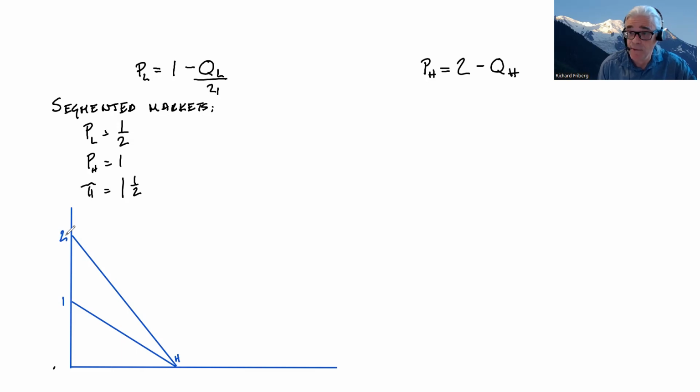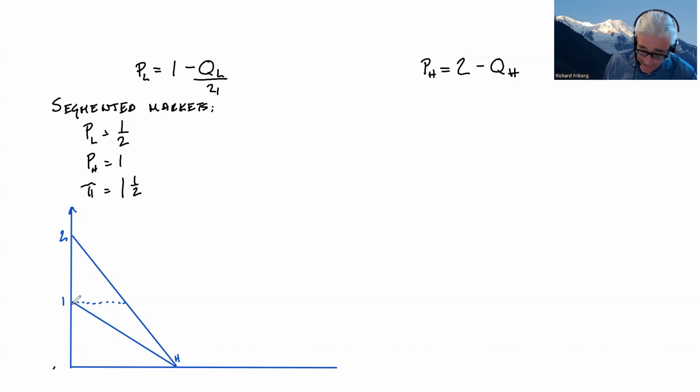As when we were adding demand curves earlier on, we note that if price is between 2 and 1 here, only the high group will be purchasing. And then if we come to a price of 1 or below, we will have demand from both groups. So clearly the aggregate market demand curve will be reflecting both of those. Okay.